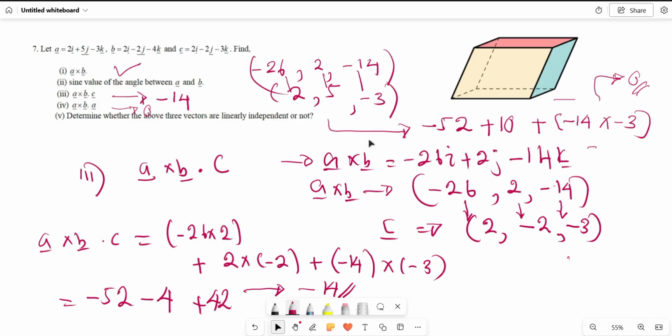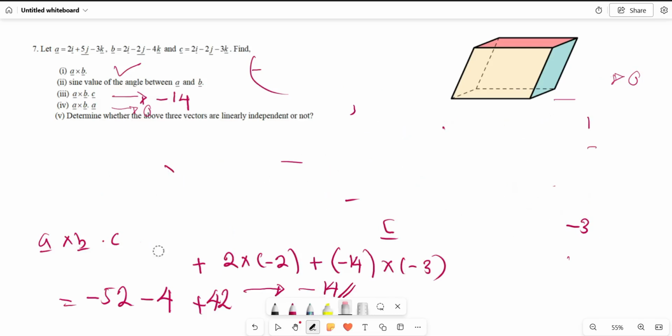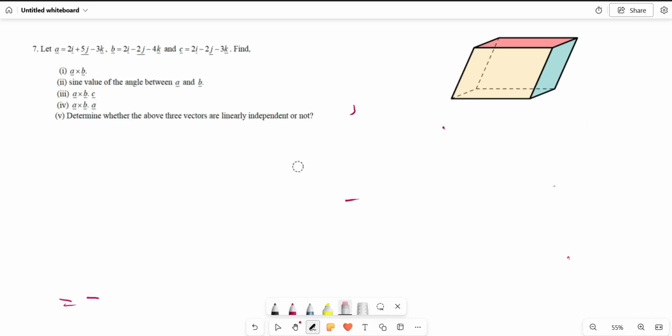Okay, so I will erase this one and we'll write it there. The question number 5: A cross B dot C equals minus 40 and not equal to 0.